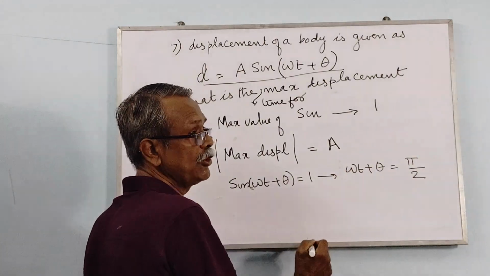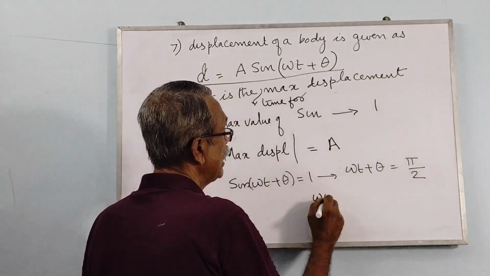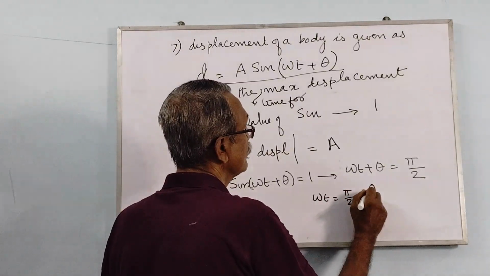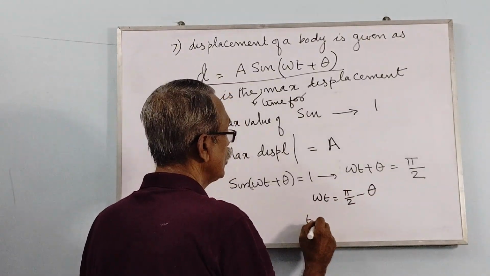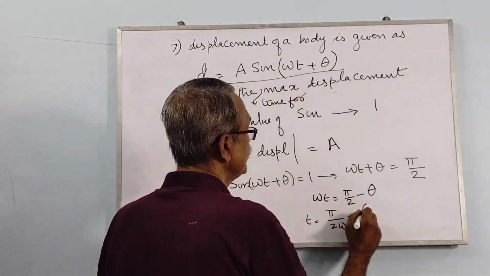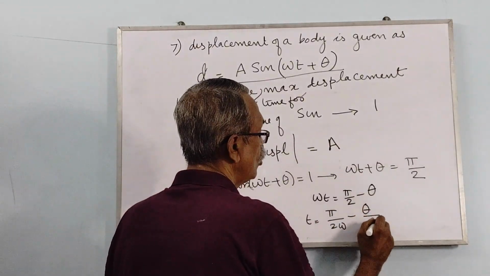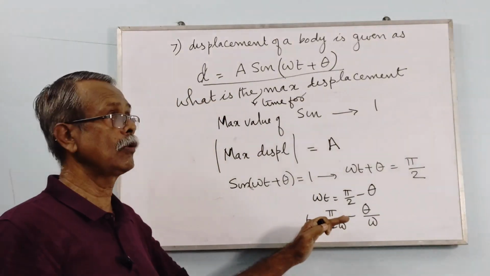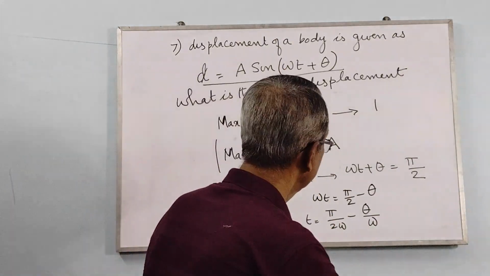Omega t plus theta is pi by 2. Omega t is equal to pi by 2 minus theta. Therefore, t is equal to pi divided by 2 omega minus theta divided by omega. At this particular time, that displacement.